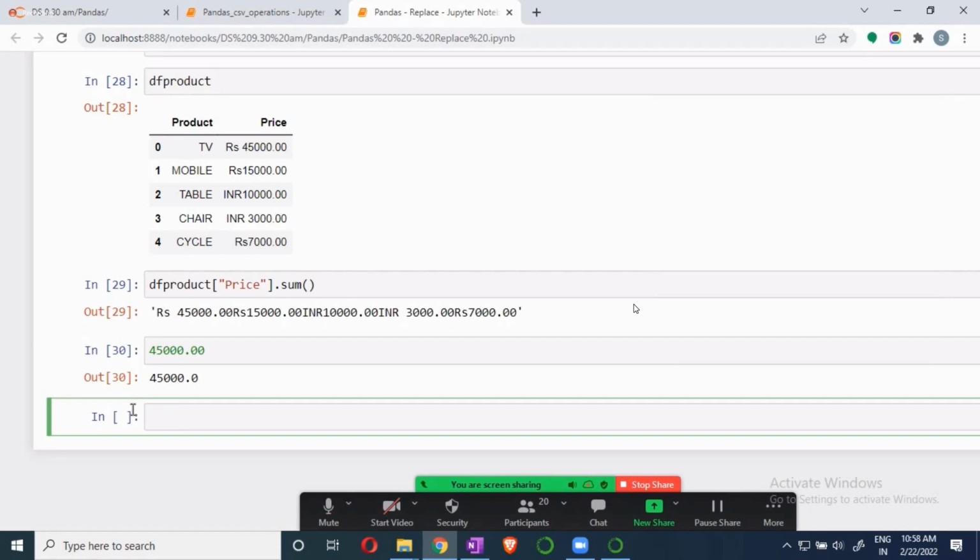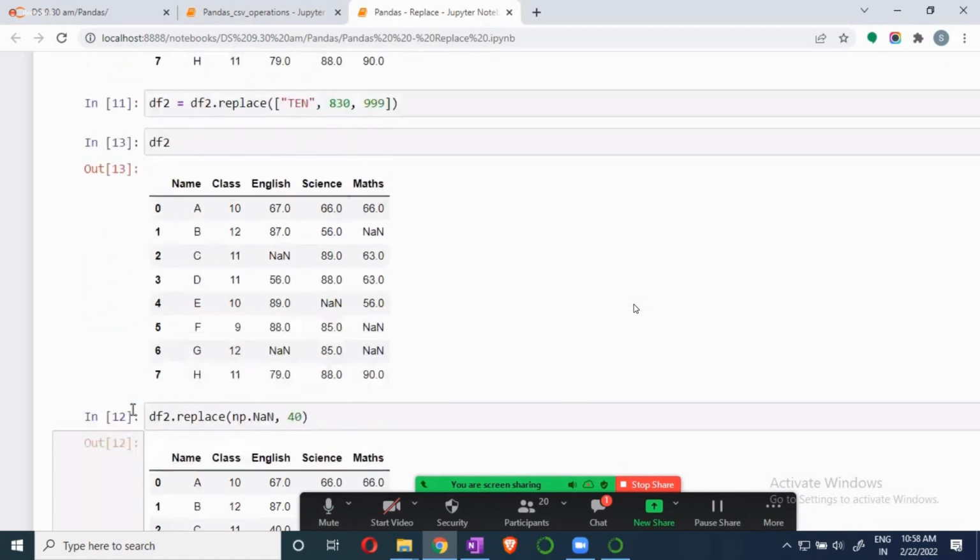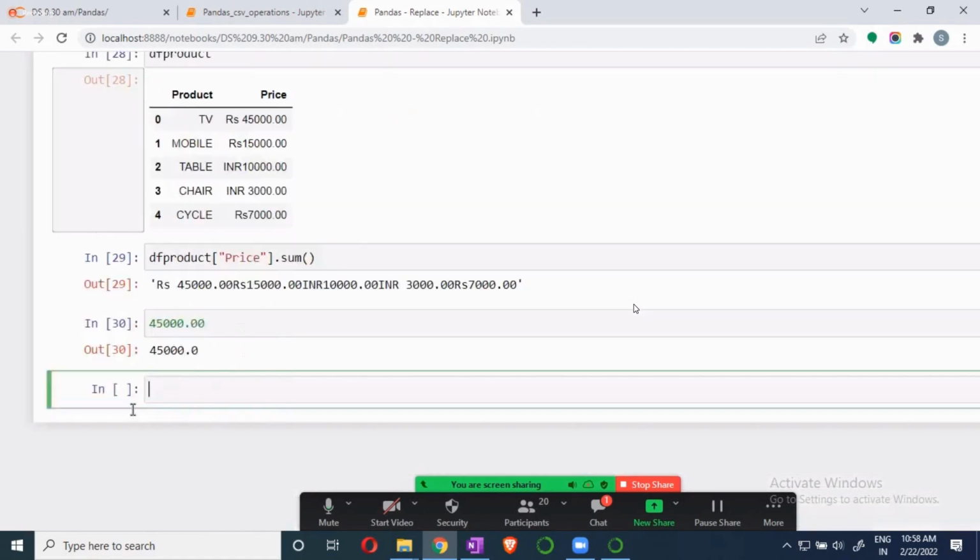Now you take replace, guys. You were trying to say the same, right? We are going to take the data frame. What is the name of the data frame, guys? Our df_product. dot replace, right. What do you want to replace?